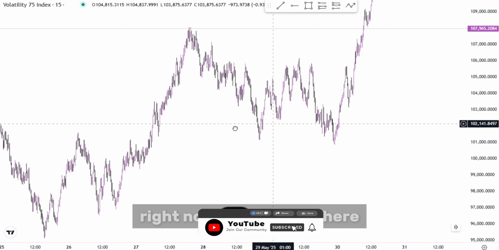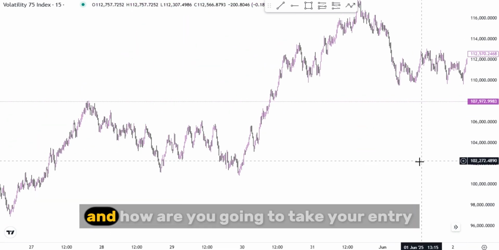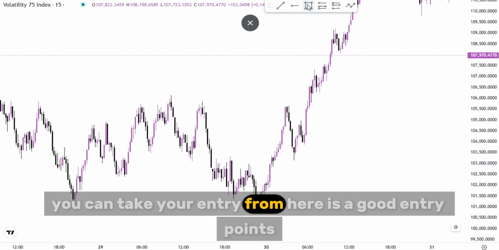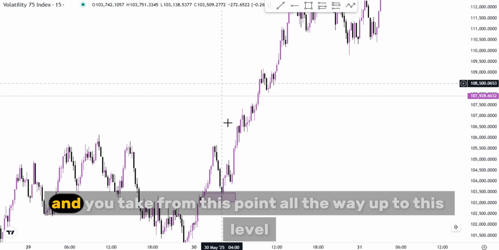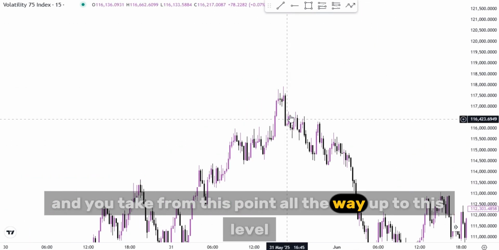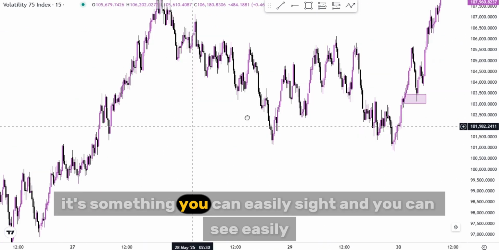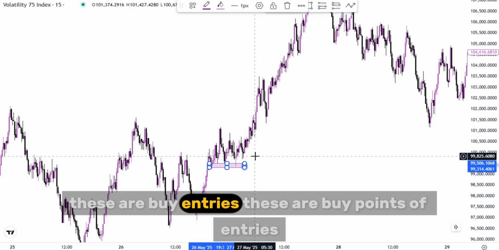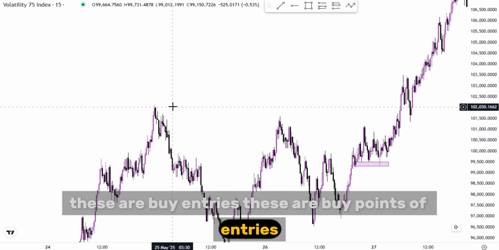Now you can look here. This right here is an uptrend. And how are you going to take your entry? You can take your entry from here. This is a good entry point. And you take from this point all the way up to this level. And that's a huge profit. It's something you can easily see. These are buy points of entries.